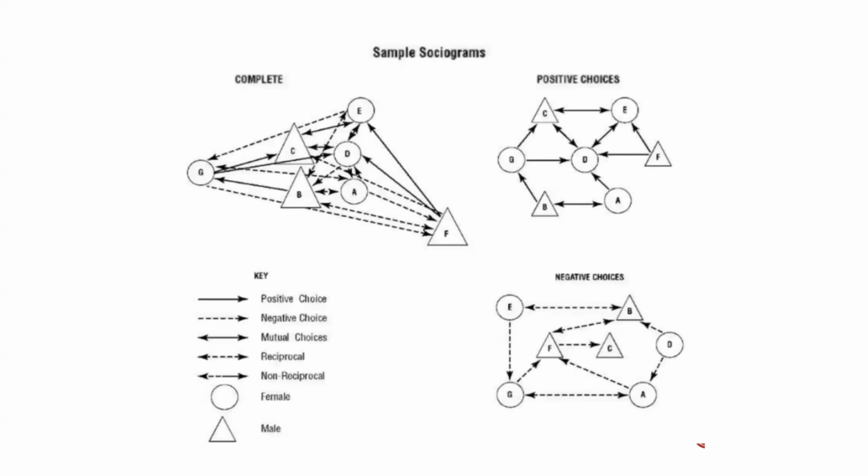The arrows: positive choices are there, negative choices are there, mutual choices are reciprocals, non-reciprocal, and the female students are also there, and the male students also there.